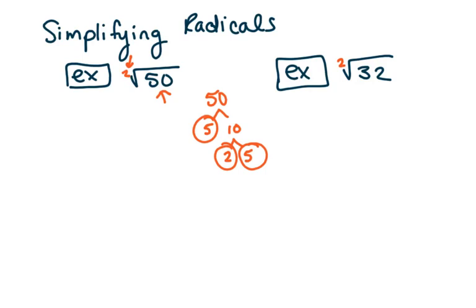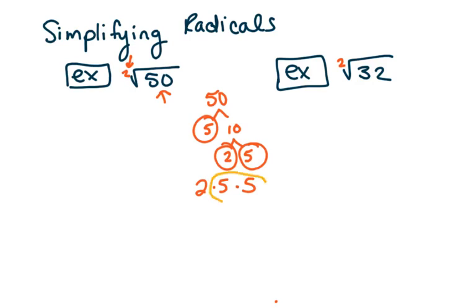And so 50 is equal to 2 times 5 times 5. Now, when I'm moving my number outside of the square root, that index, this number that I wrote right here, tells me how many I need in each group before my group can move outside of the radical. So I'm looking for pairs of the same number.